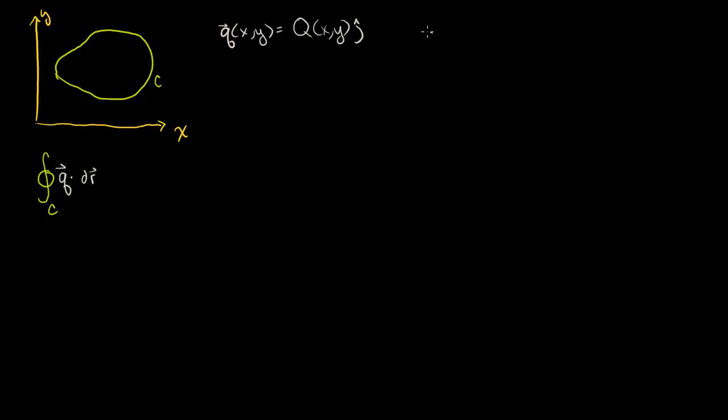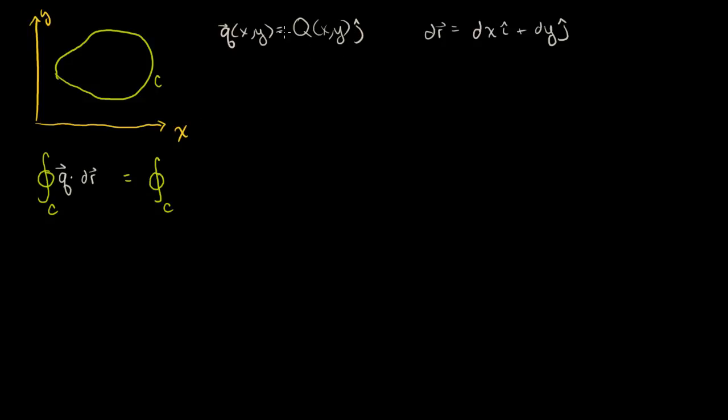And we've seen it already. dr can be rewritten as dx times I plus dy times j. So if we take the dot product of these two, this line integral is going to be the same thing as the closed line integral over C of Q dot dr. Well, Q only has a j component.